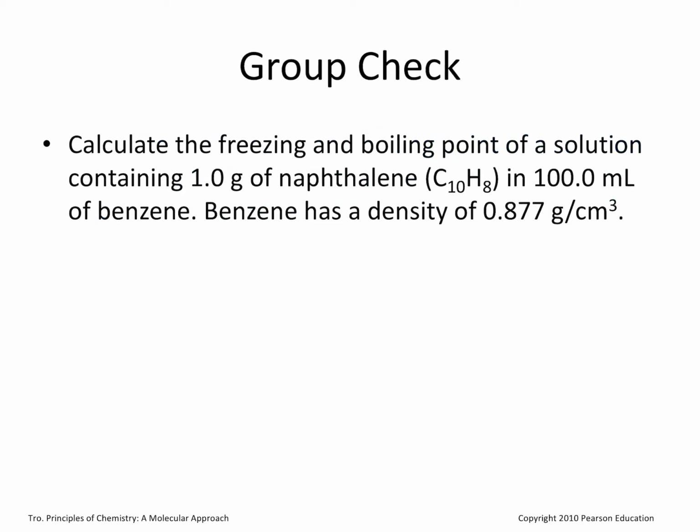The best way to interpret these is through a problem. Calculate the freezing and boiling point of a solution containing 1 gram of naphthalene in 100 milliliters of benzene. Benzene has a density of 0.877 grams per centimeter cubed. You always have to think: what is my solute, what is my solvent, what is my solution?